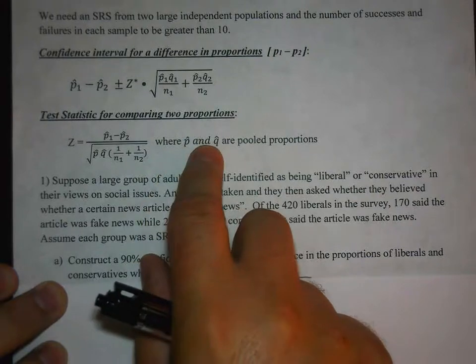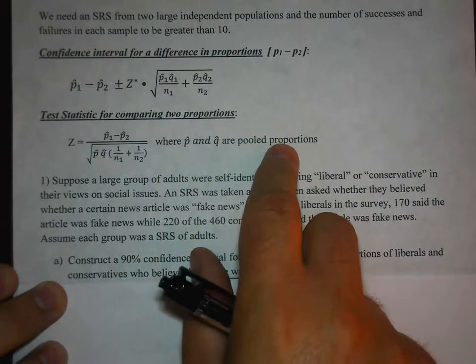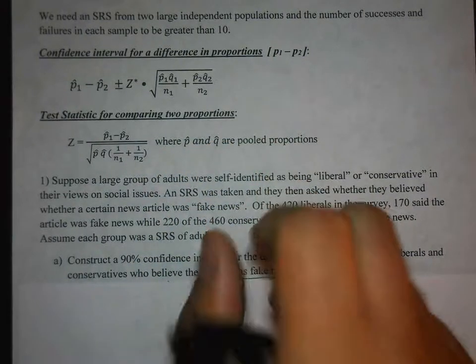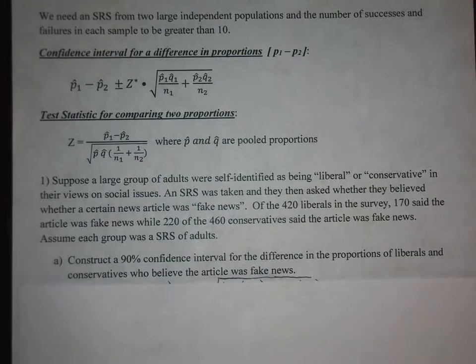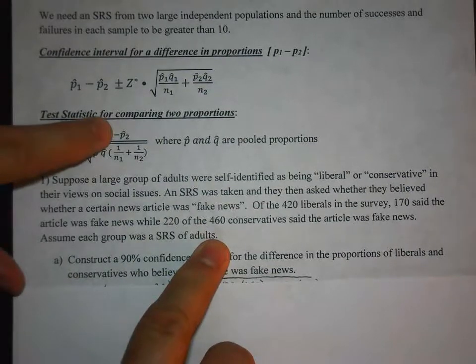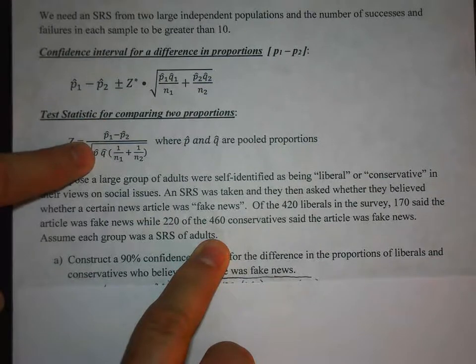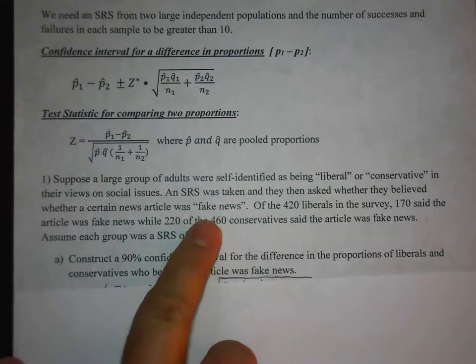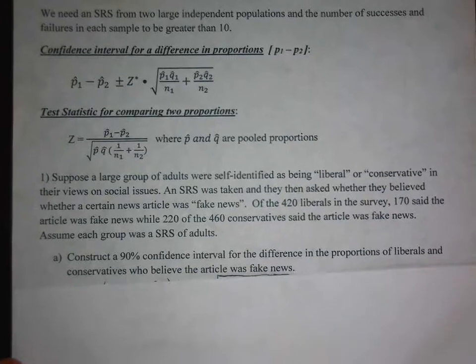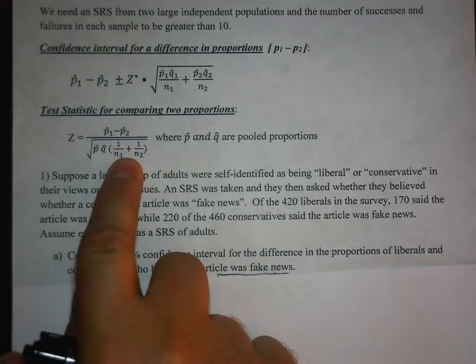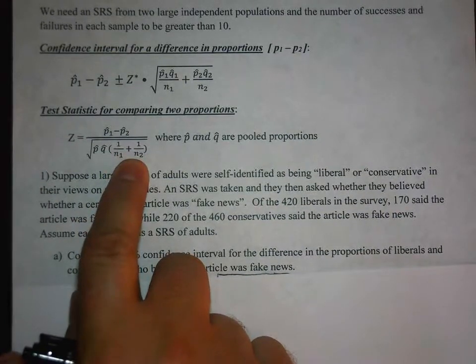P hat and Q hat are what we call pooled proportions, which means you combine the sample successes together and the sample failures together. You'll see what I mean by that when we get to the example. But P hat 1 and P hat 2 are not the same as P hat Q hat. And then you have 1 over N1 plus 1 over N2.